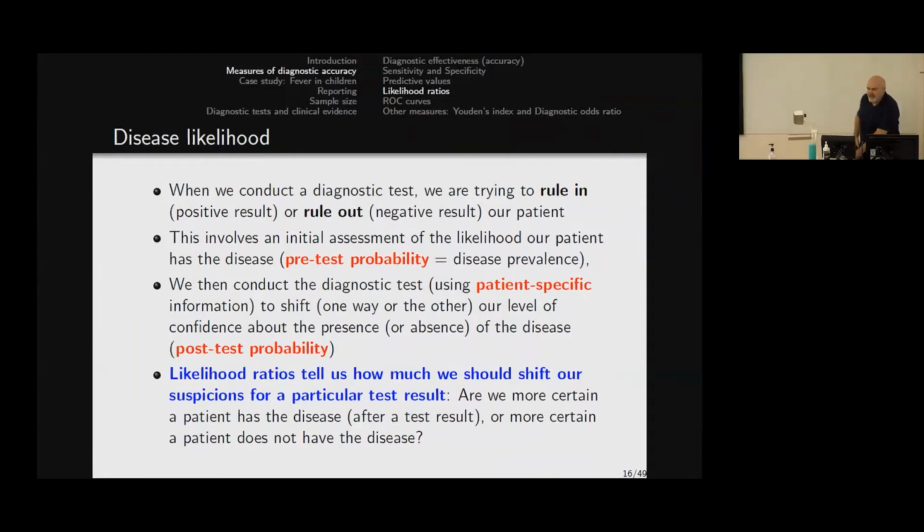So what this really means is if I do not take anything about you into account, I don't do any blood work, I don't look at your height, your gender, anything like that. If I know nothing about you whatsoever, the chance you have the disease is 9%, just as in the example I used.